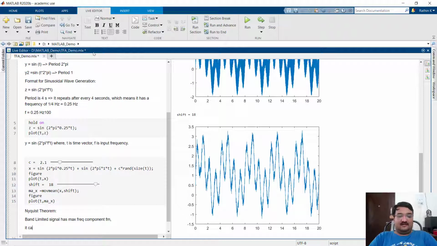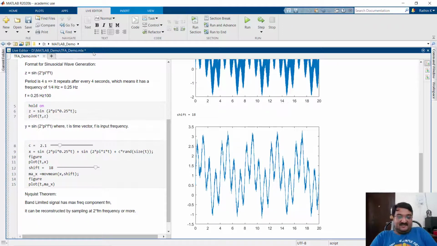Then it can be reconstructed by sampling at 2 times Fn frequency or more.